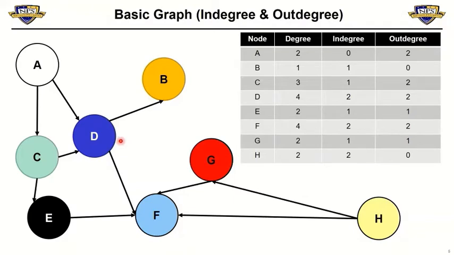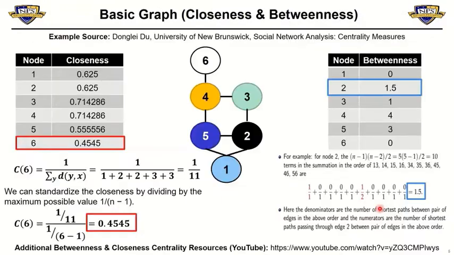First, I'll start with degree. Looking at node B, for example, it has degree 1, while node D has degree 4. For in degree, node E has in degree 1, and node F has in degree 4. Node A has out degree 2, while node H also has out degree of 2.